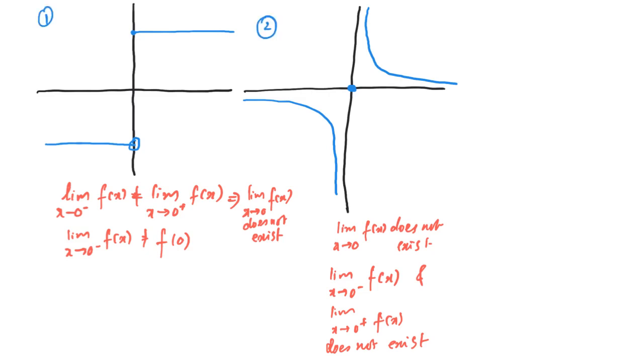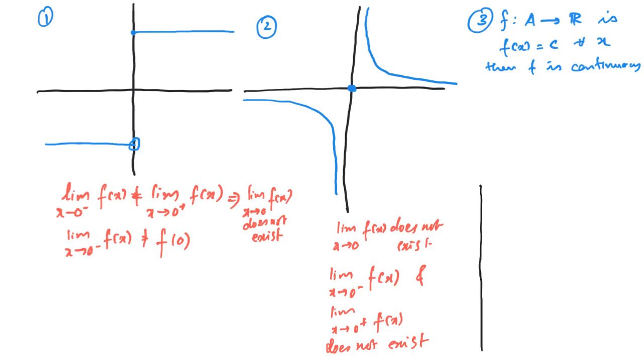Let us directly prove that if f from A to R is the function f of x equal to c for all x, then f is continuous. Why is this function important? This is just a general case of something that we have already seen.